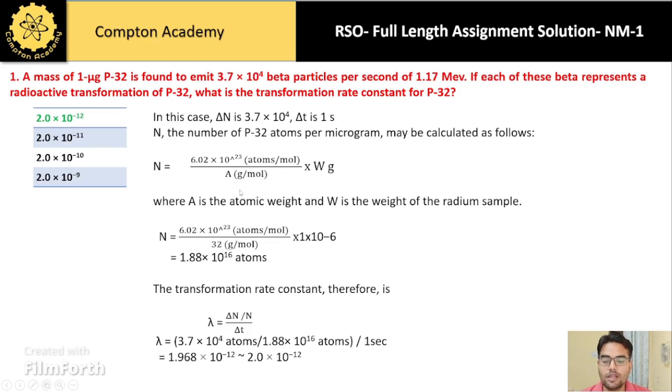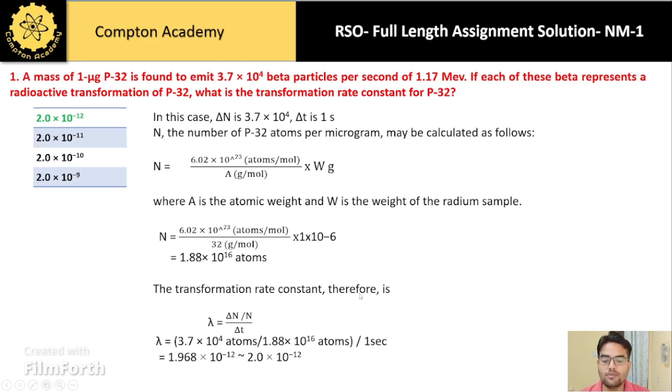Putting in the atomic mass and the weight of P32, we get the number of atoms present in 1 microgram P32 as 1.88 × 10^16 atoms.